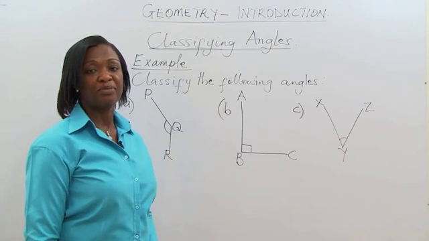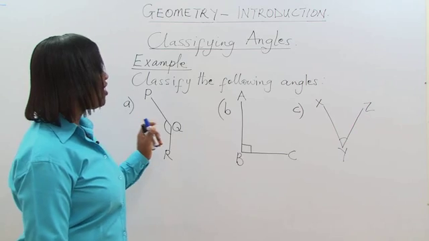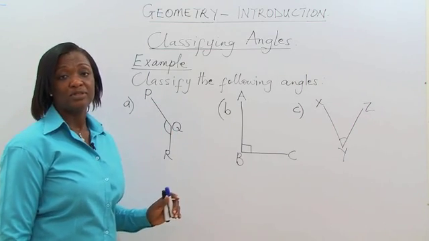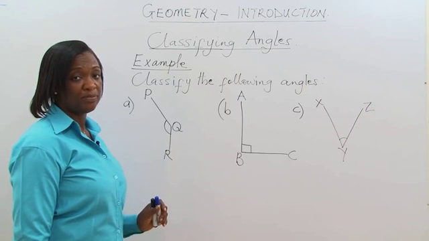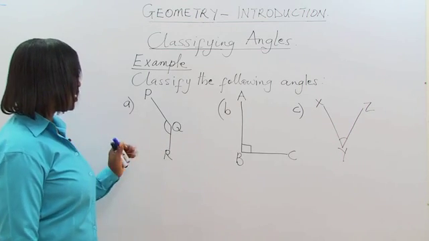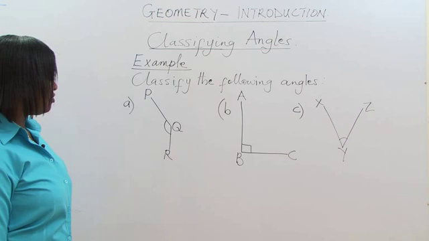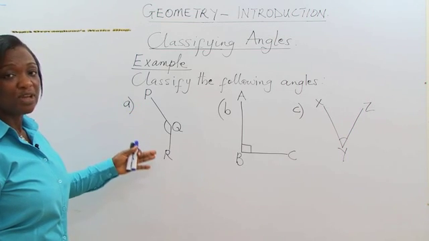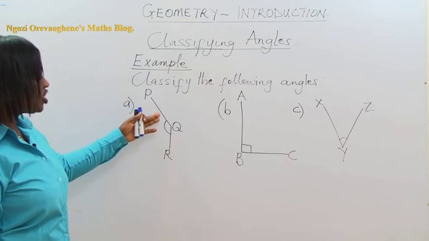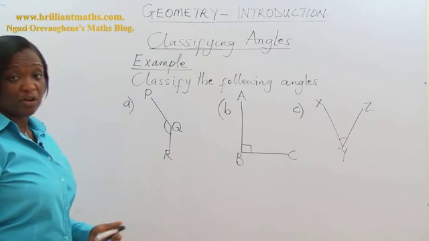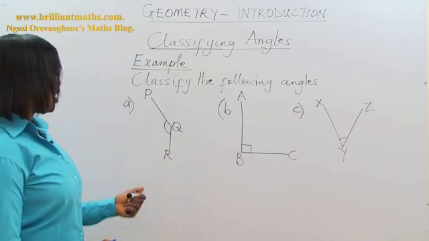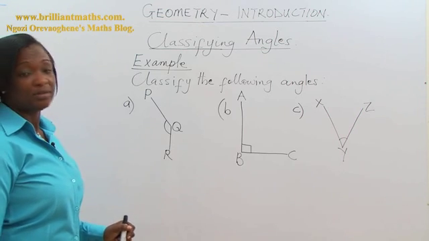Let's look at this example. Classify the following angles. We're going to classify these angles by simple observation. The first one, angle PQR. Looking at the arms of the angle and the measure of the turn, angle PQR is obviously an obtuse angle.